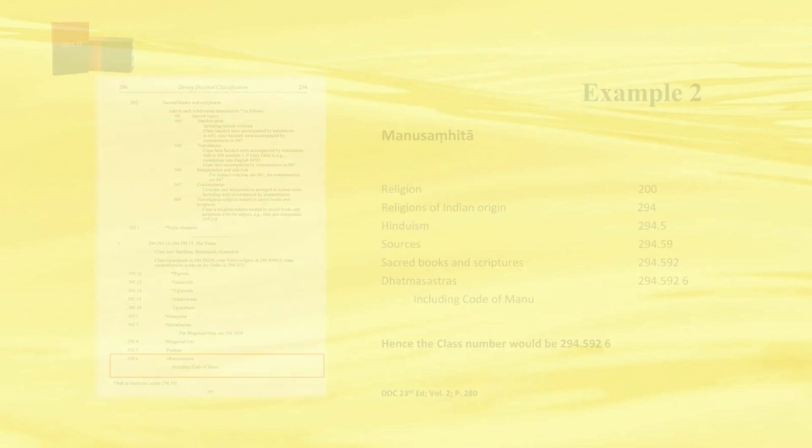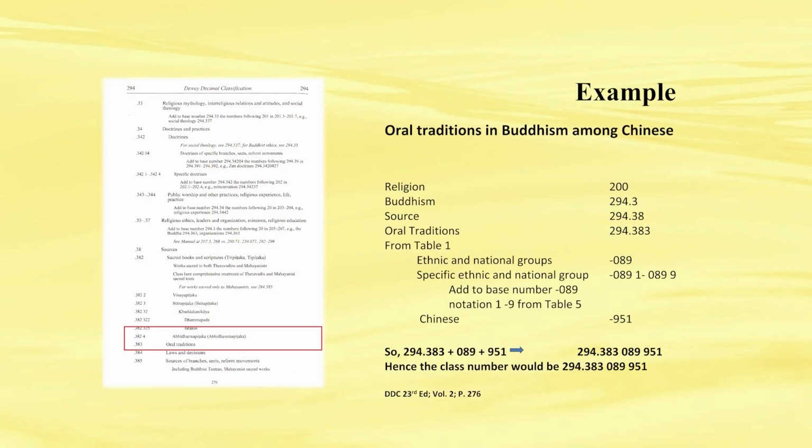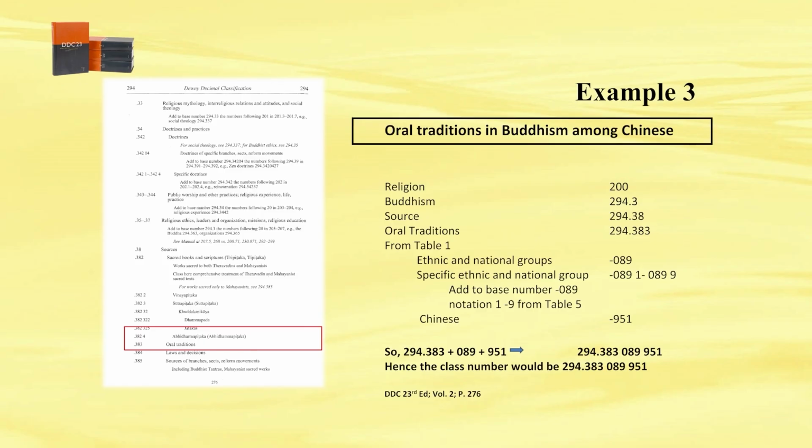Next, if we go for the third one, the title is Oral Tradition in Buddhism among Chinese. Here the subject is definitely Buddhism, and there are two other facets. One is oral tradition and another one is China.